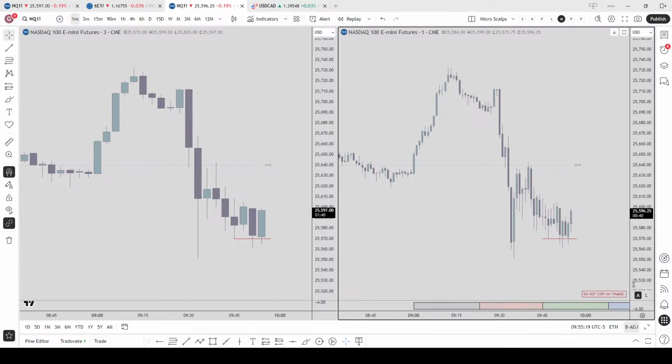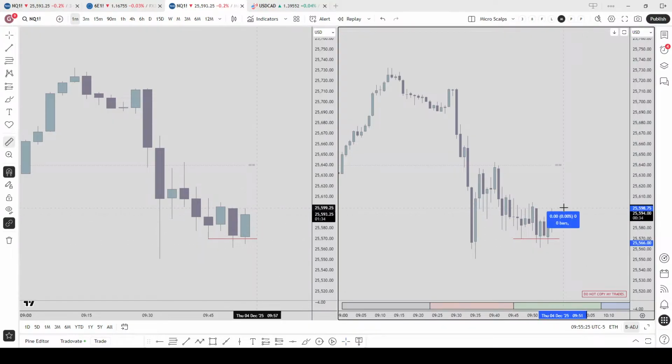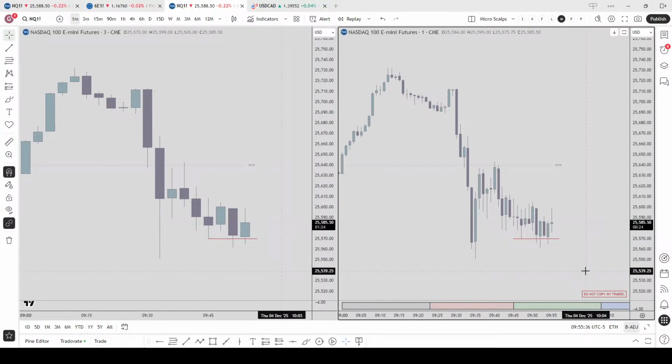Because the price action is probably going to be really quick, I might have to just go for a default contract size. 5 would be too much. Let's go for two micros per trade.